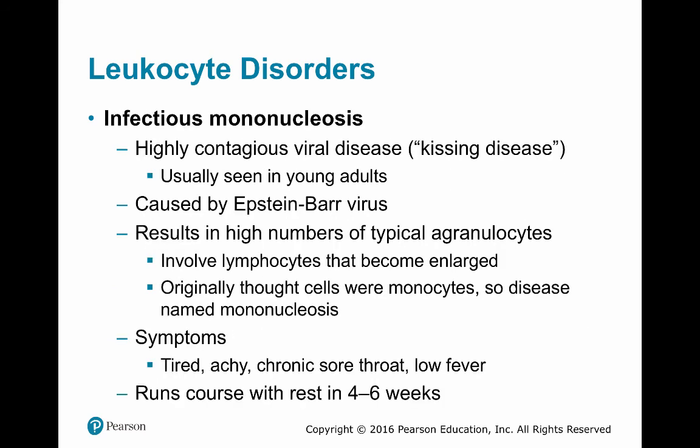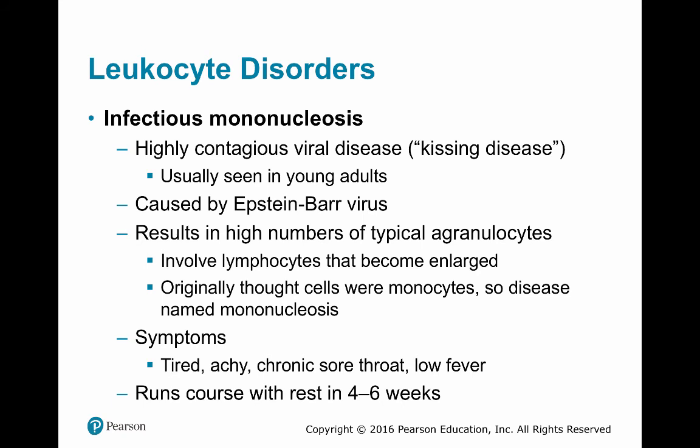Infectious mononucleosis, otherwise known as mono, is a highly contagious viral disease. It's known as the kissing disease because it's usually seen in younger adults, say in your late teens to early 20s. By the time you're in mid-age, about 94% of people have been exposed to Epstein-Barr virus. Most people get Epstein-Barr virus, believe it or not, when they're younger.